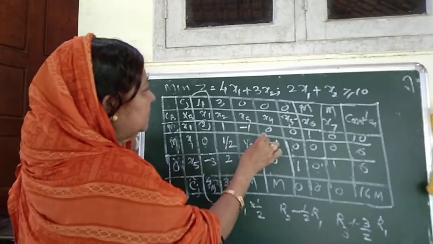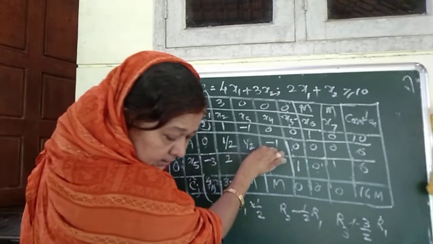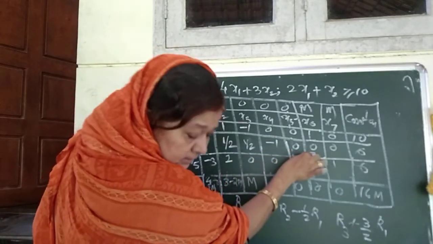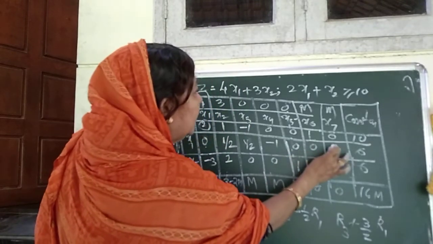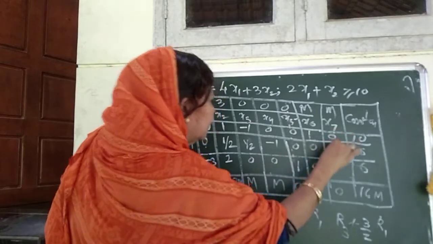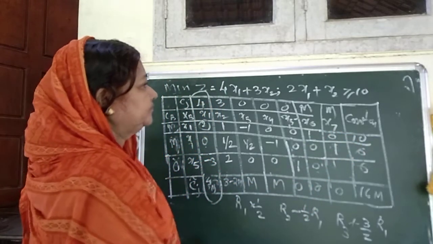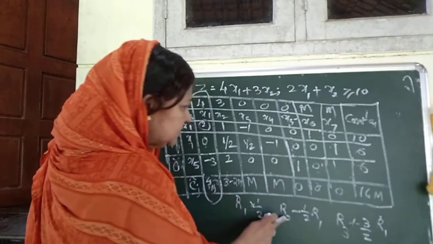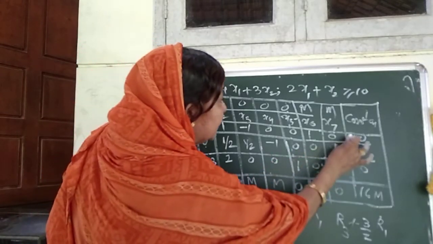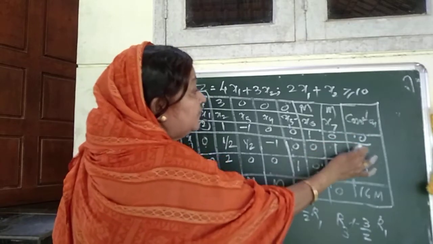And minus 1, there is no change. Then we have 0, then here 0, it is x7, it is 1. Then R2 minus 1 by 2 into R1: 6 minus 1 by 2 into 10, that is 5, that is 1.